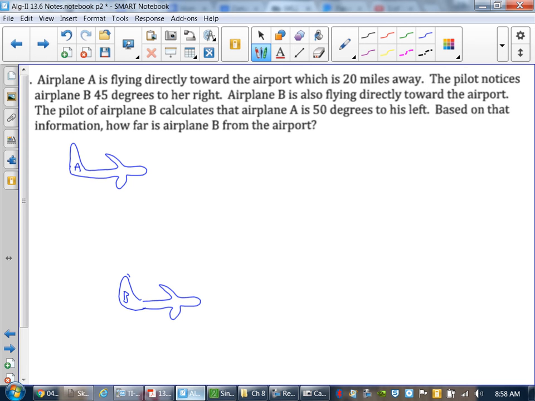So which degree do we take? There's 2 degrees. Which one's to the right? Which one's to the left? If you're flying airplane A, is airplane B to your right or left? You're right.